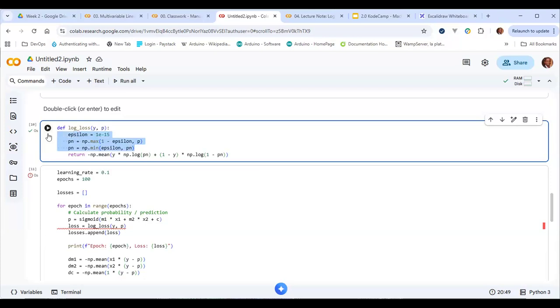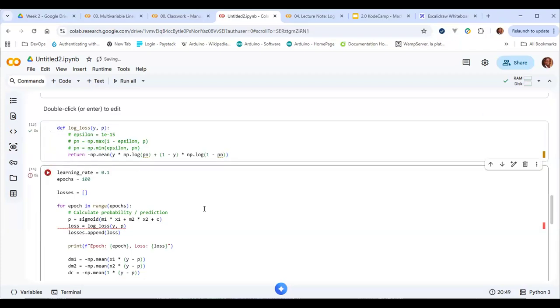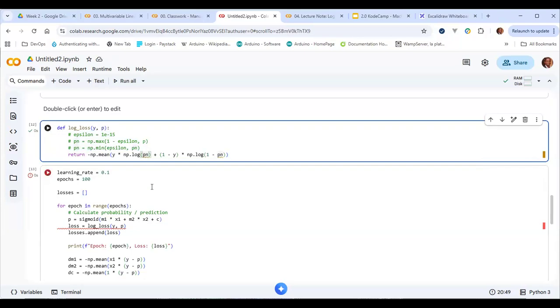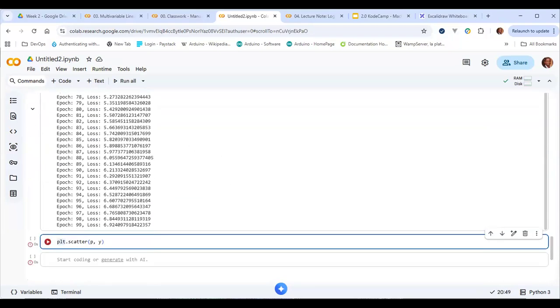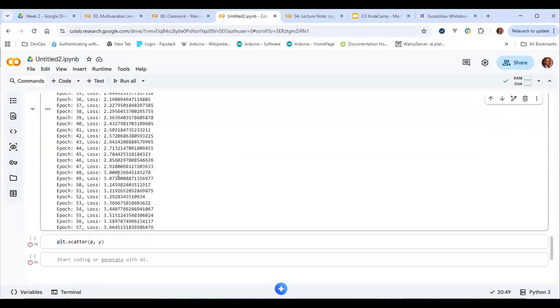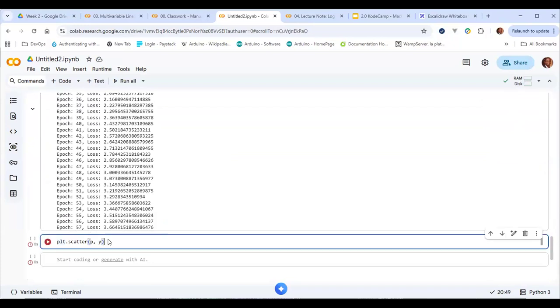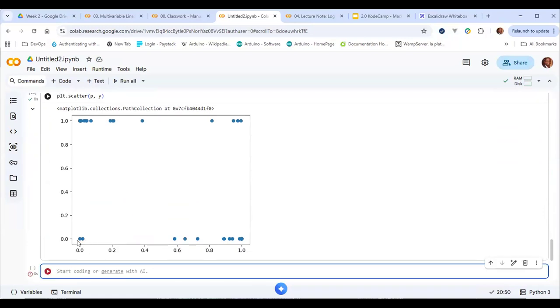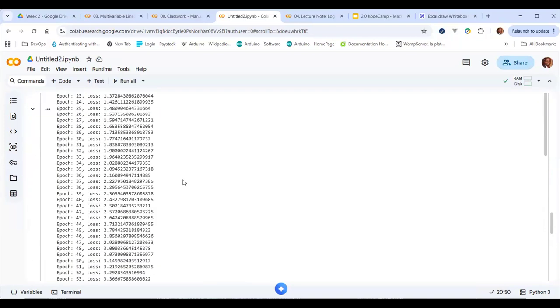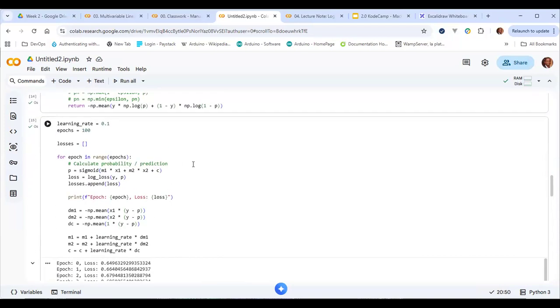Okay, that's a bit more complicated. I'm not going to do that yet. Okay, our loss is increasing still. It should be reducing. So we have a few points that have converged down here and up here, but okay, let's see.